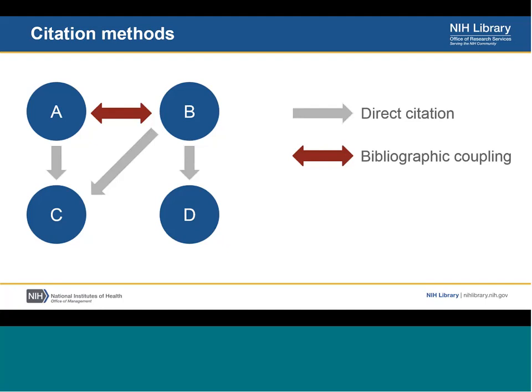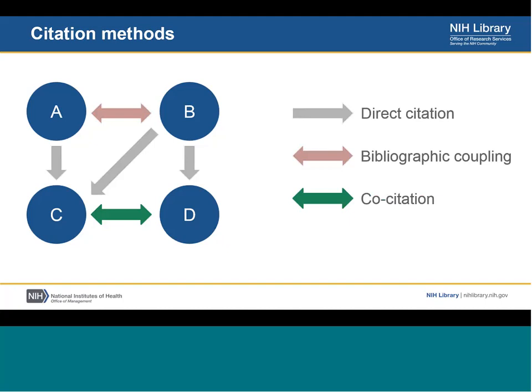The third approach to working with citation networks is conceptually the opposite of bibliographic coupling, which is called co-citation. So with co-citation, papers are connected if they are cited alongside one another in a subsequent document.